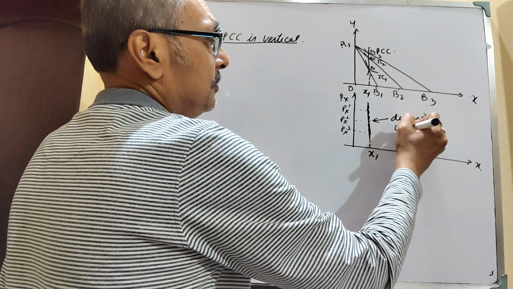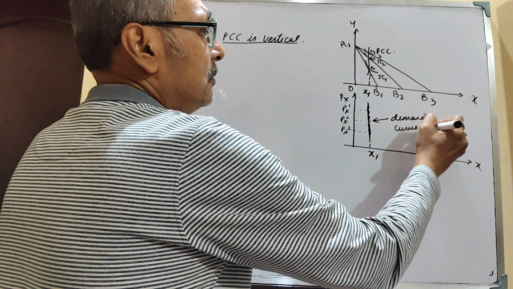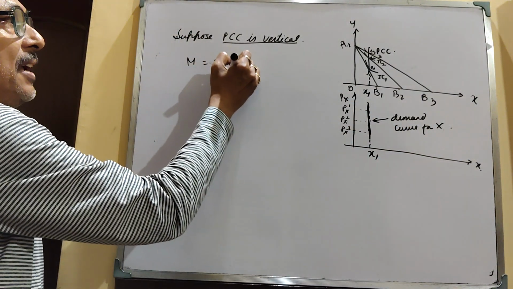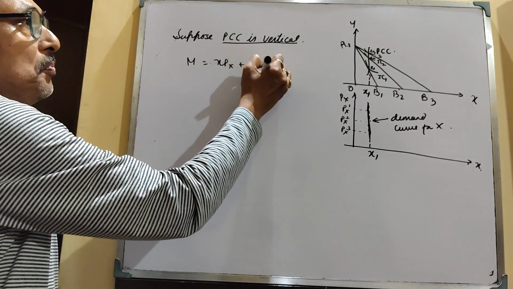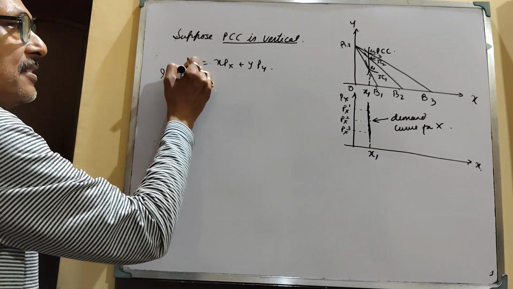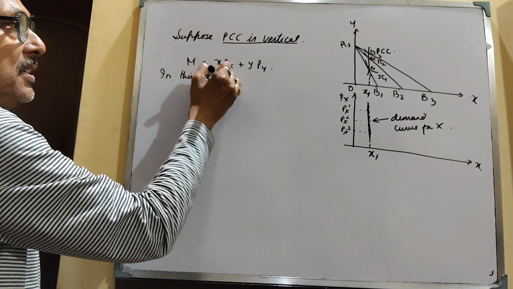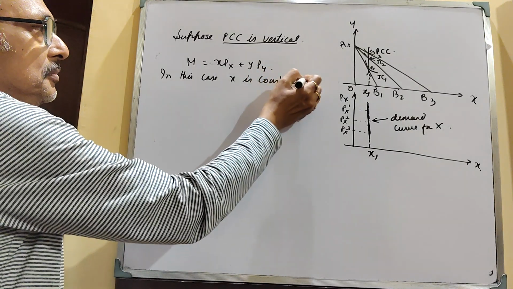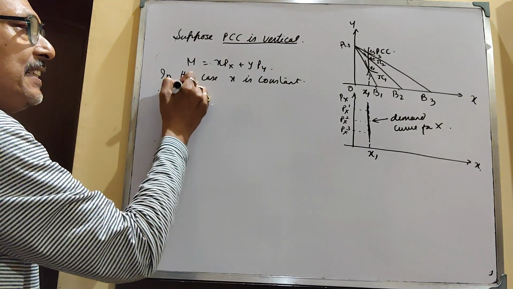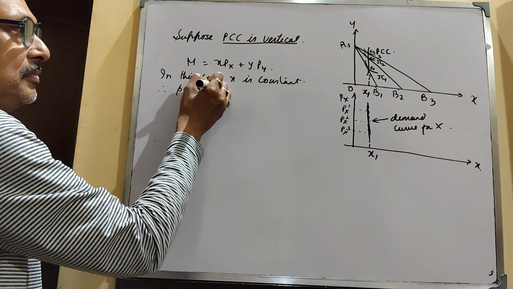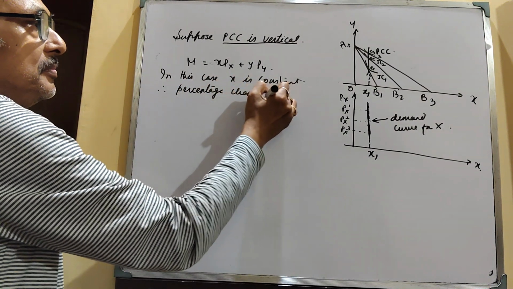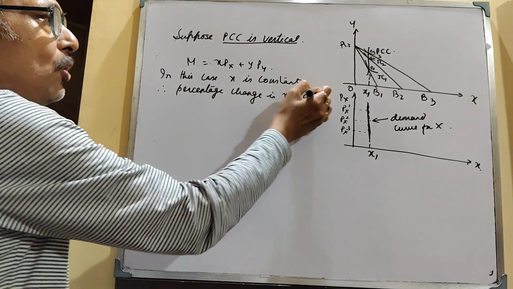Demand curve for x. Now M equals to what? X Px plus y Py. In this case, x is constant. Therefore, percentage change in x is 0.